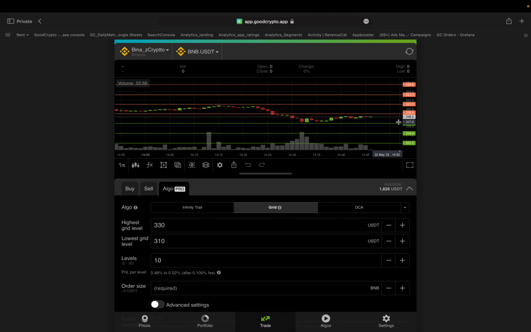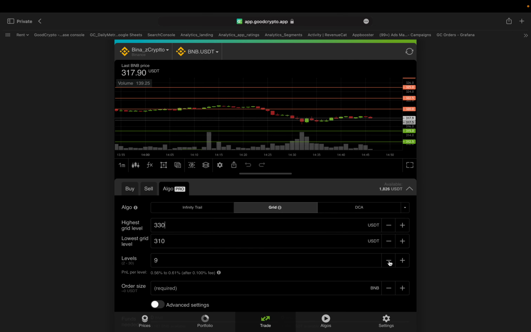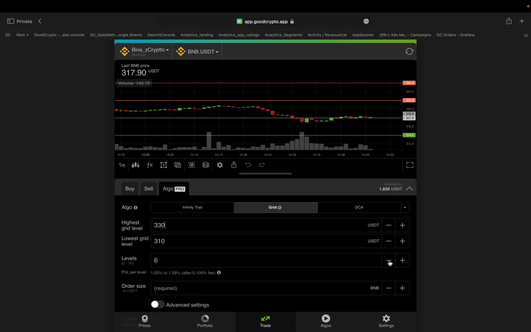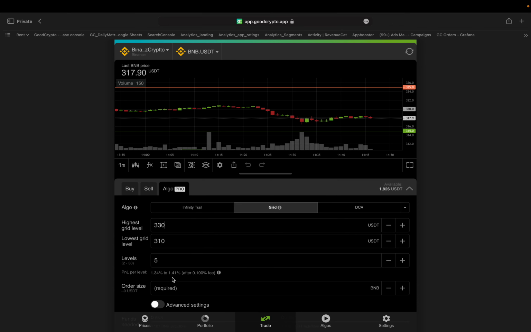So depending on the order size, for example, if you have 1 BNB as an order size, you bought 1 BNB here and sold it here, you expect to make half of a percentage of the value of 1 BNB as your P&L. And obviously, if you had just 5 levels here, let me go back to 5 levels, you see that the P&L per level increased.